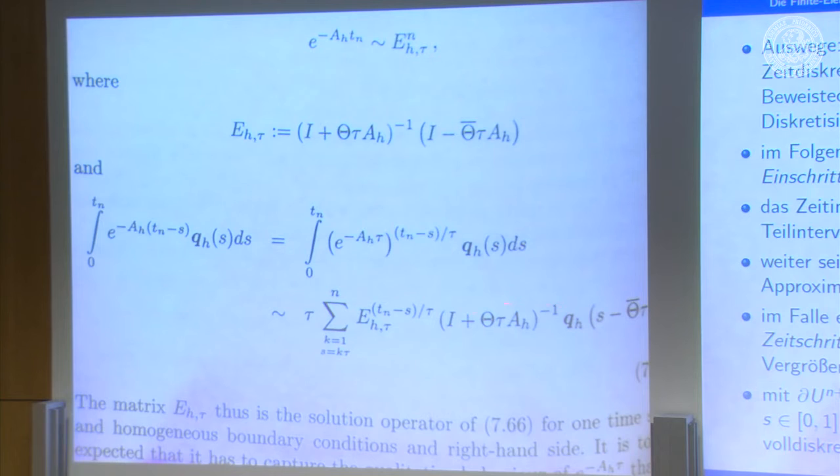But you see, this matrix should not change too much, because formally, if tau goes to 0, this matrix goes to the identity. So two things happen: we substitute the matrix exponential by a rational exponential, and for the time-dependent right-hand side, we apply a quadrature formula. That is what time discretization does.